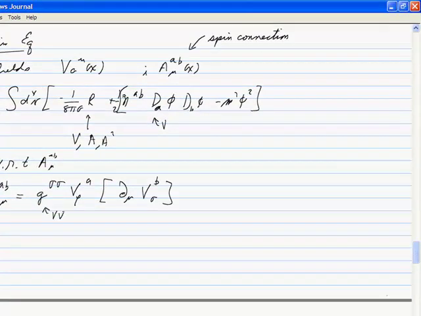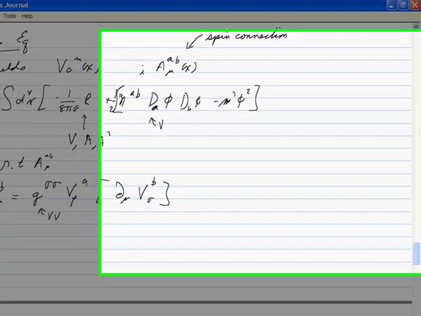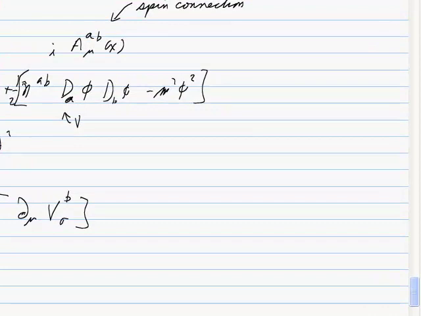Okay, and g is the determinant of V. So this is the equation that ties the fields together. Okay, so A is now expressed in terms of derivatives of V.